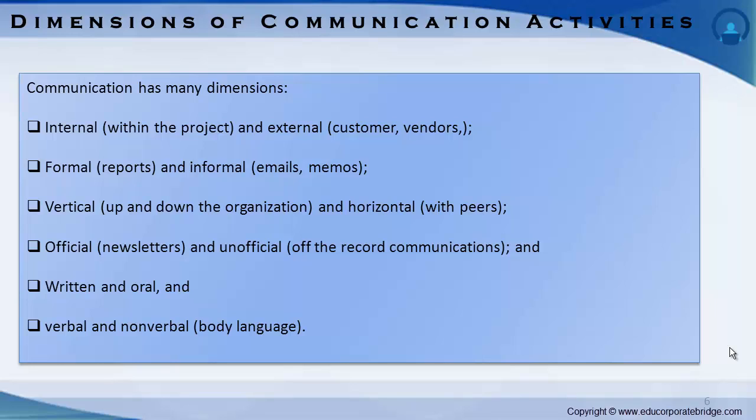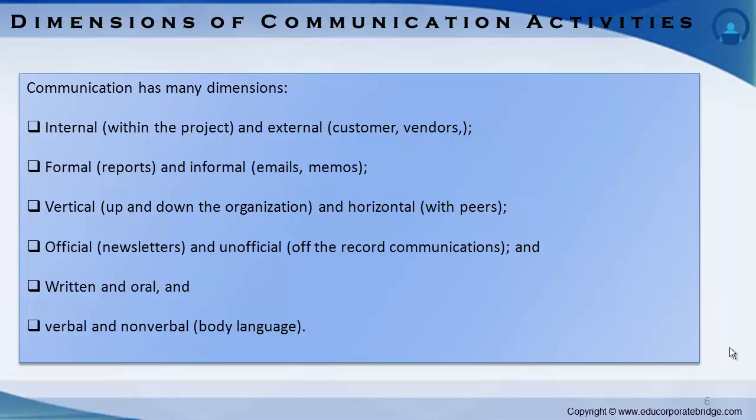Formal is in the form of predefined reports, and informal is in the form of emails and memos. Third dimension is vertical and horizontal. Vertical communication is communicating up and down the organizational hierarchy, and horizontal communication happens with peers in the organization.